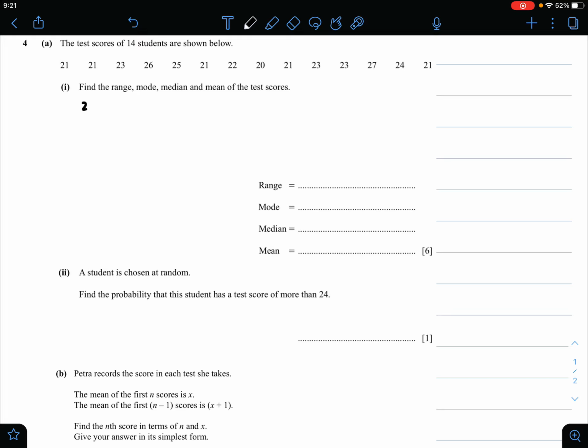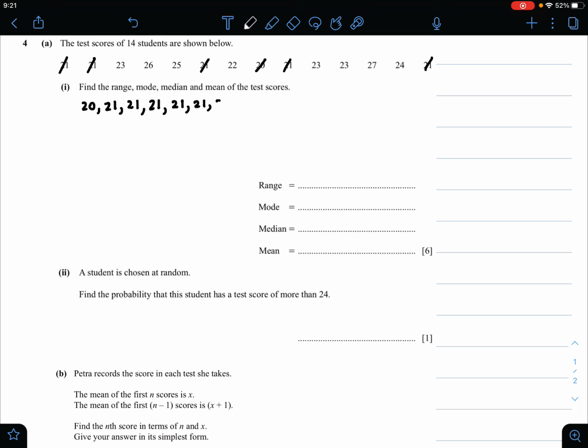So let's do that. The first number would be 20, then 21, 21. So these two are gone. There's one more 21, so 21 again, one more 21, so 21 again, and one more 21, so 21 again.